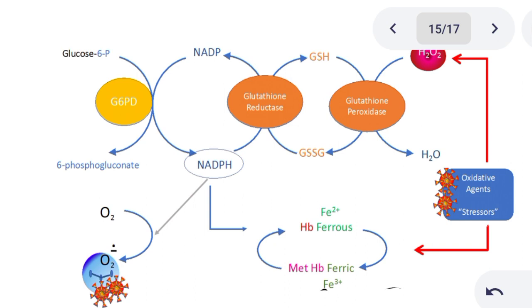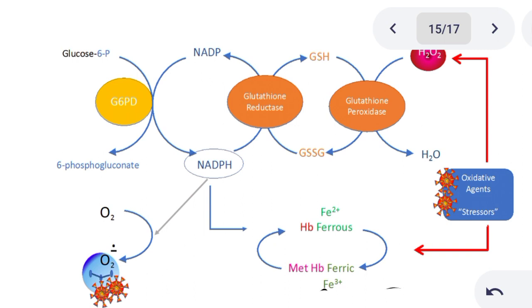So we are going to have a decreased number of mature red blood cells that can transport oxygen to the tissues, and this will result in other complications. So hemolytic anemia can be due to G6PD deficiency through the mechanism that I've just explained here.